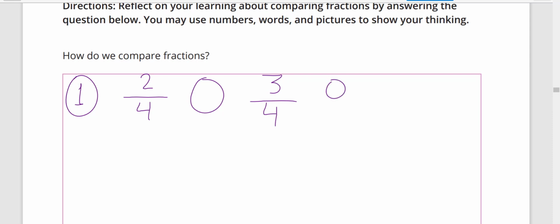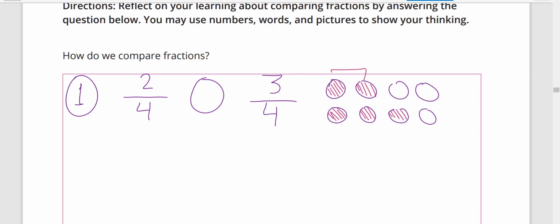First, draw a set of 1, 2, 3, 4, and another model 1, 2, 3, 4. Shade 2 dots in the first model and 3 dots in the second model. Which is greater, 2 dots or 3 dots?